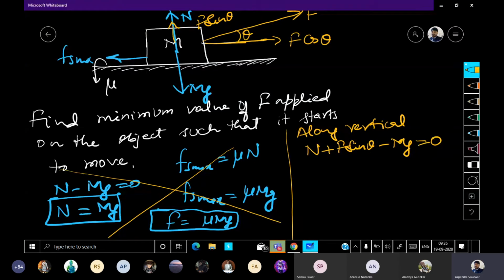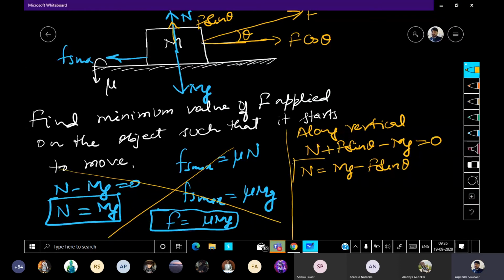Because the block is not flying in air, nor is it going down in the earth. It is not breaking the ground and going inside the earth, right? So in vertical direction, net force should be equal to 0. So N comes out to be, my dear friends, mg minus F sin theta.